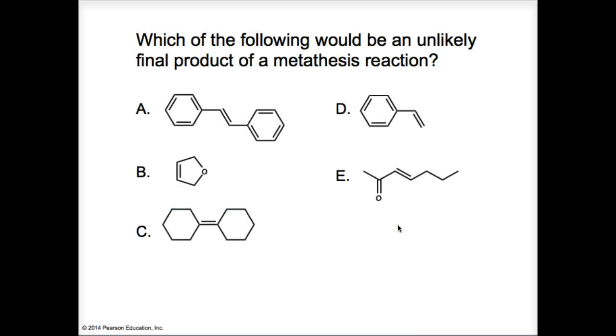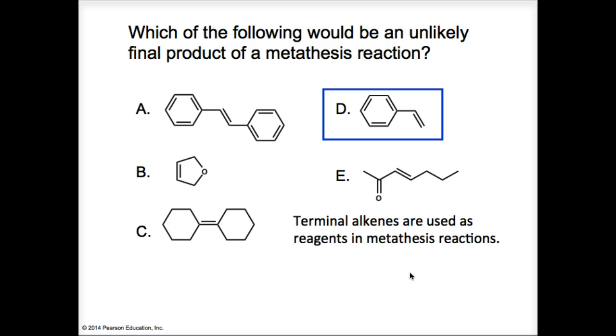Let's look at the last one. Which of the following would be an unlikely final product of a metathesis reaction? Let's pause. Okay, here is the answer. Now you may remember that a metathesis reaction is going to involve at least a terminal alkene.